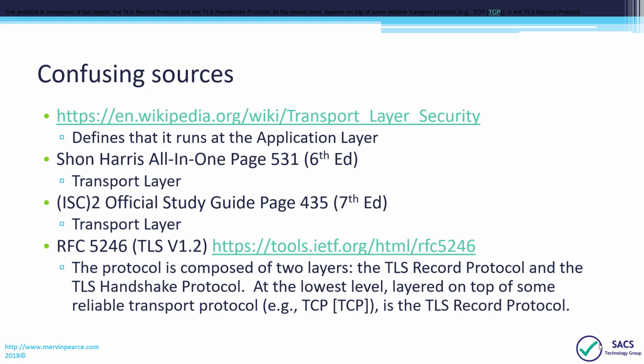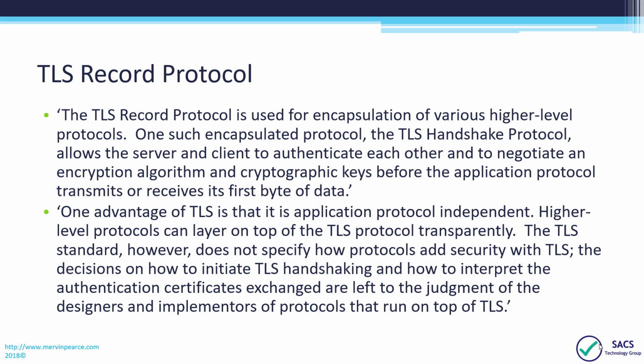The protocol is composed of 2 layers, the TLS record protocol and the TLS handshake protocol. At the lowest level, layered on top of some reliable transport protocol, so it defines a transport, is the TLS record protocol. Now, when we look at the record protocol initially, it defines the following: the TLS record protocol is used for encapsulation of various higher level protocols.